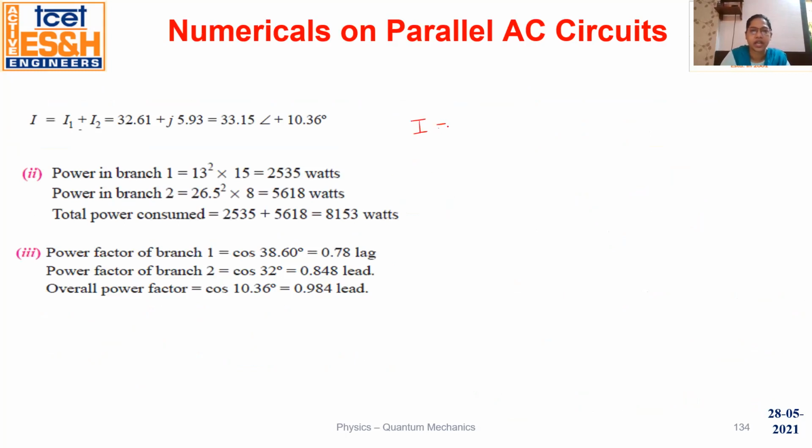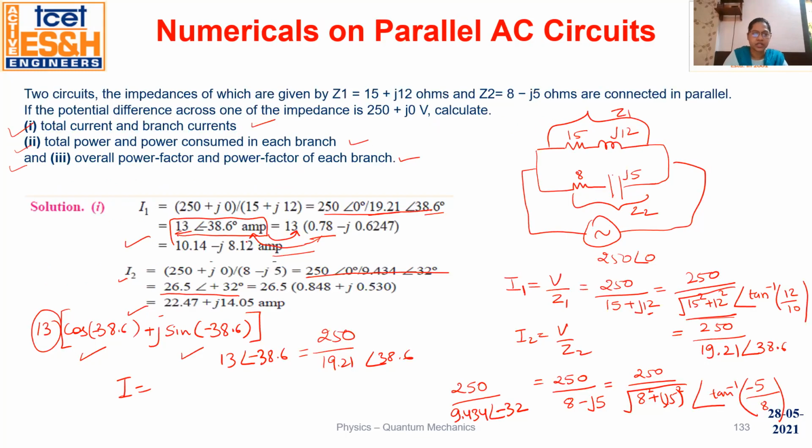Total current is nothing but I equal to 32.61 plus J5.93. How has it come? See, this is the equation: 10.14 minus J8.12 plus 22.47 plus J14.05. The real components are added, whereas the imaginary components are solved with each other.